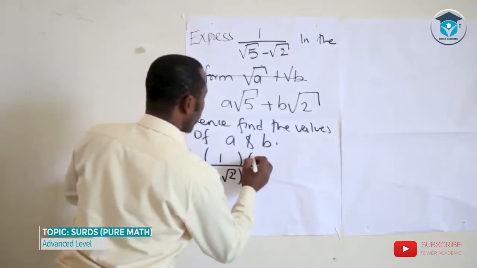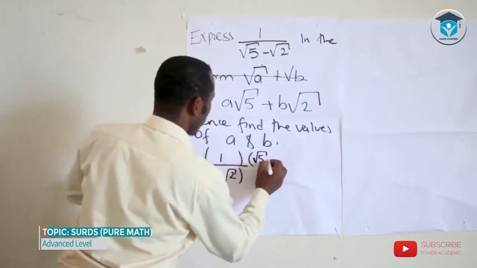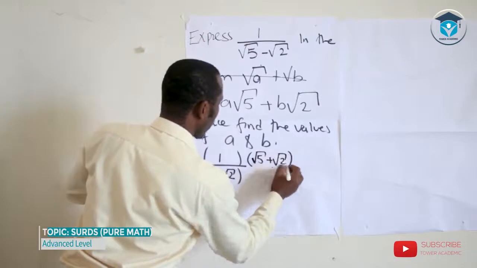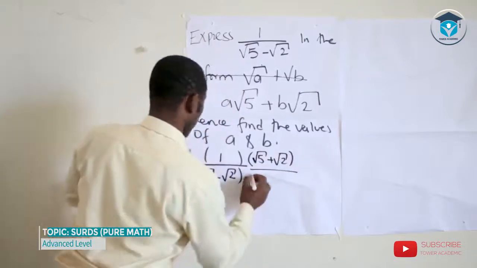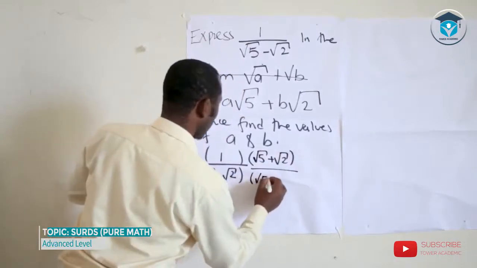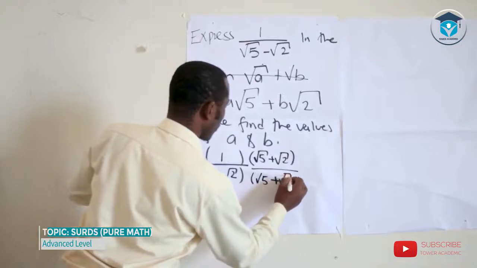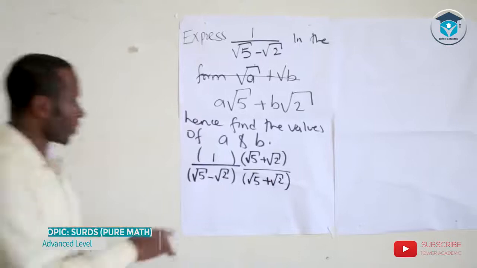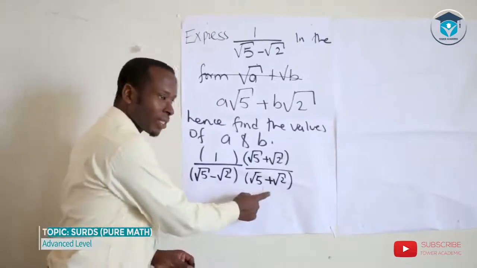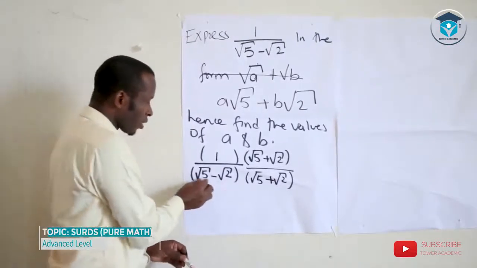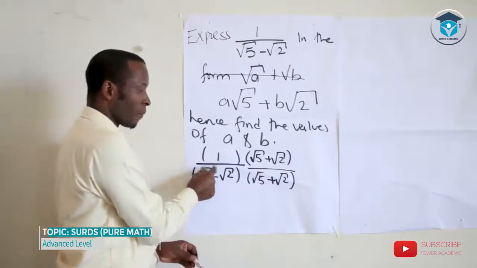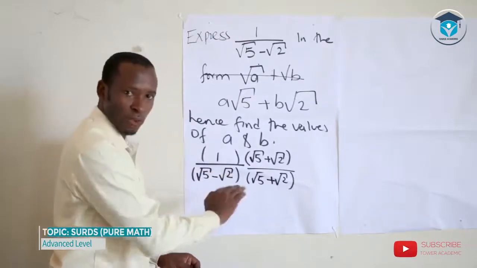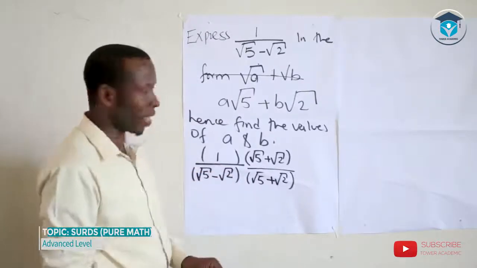So this will be root 5 plus root 2 divided by root 5 plus root 2. As I told you, the denominator is the difference of squares, a squared minus b squared. That's what we call a conjugate, and that's what we call the difference of squares.